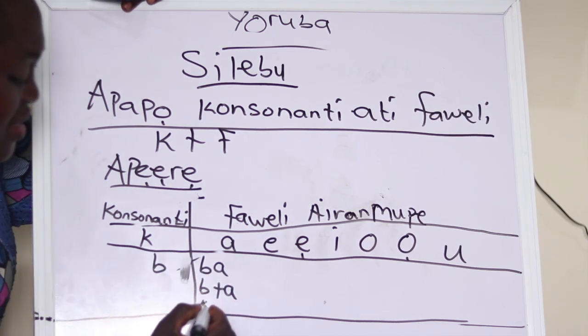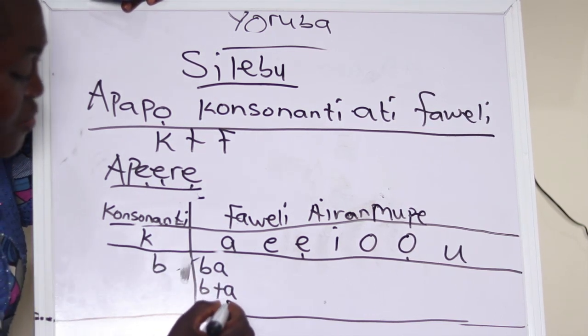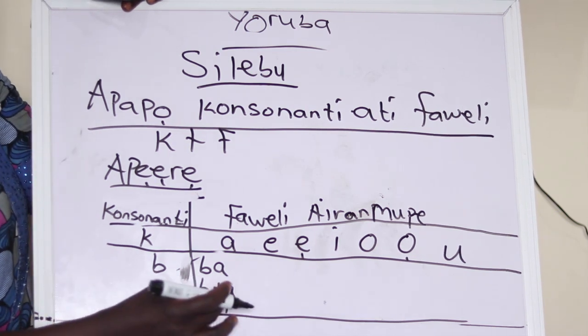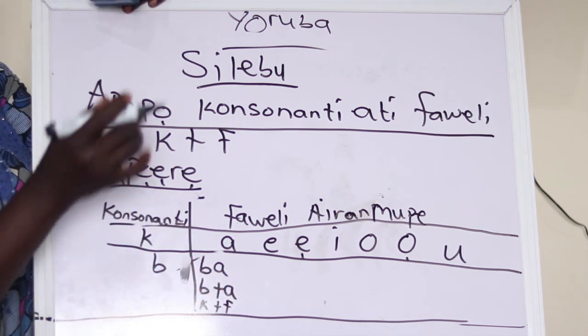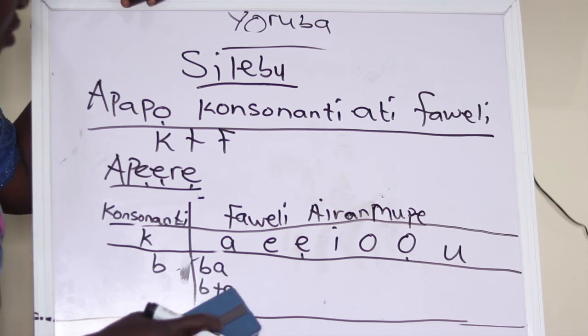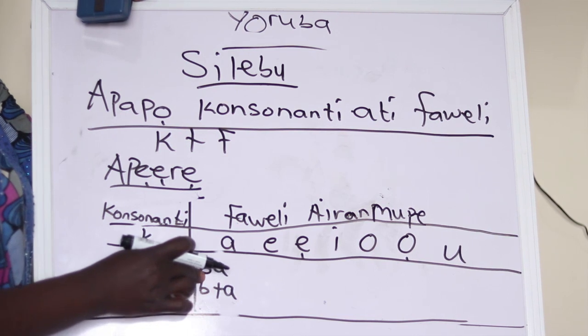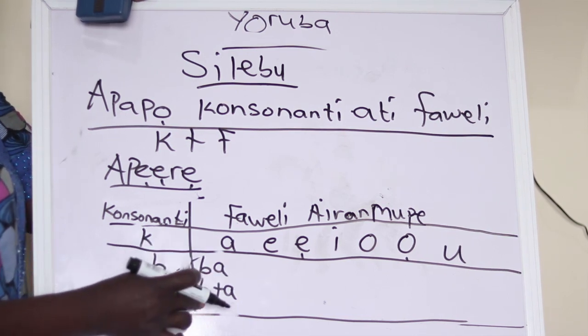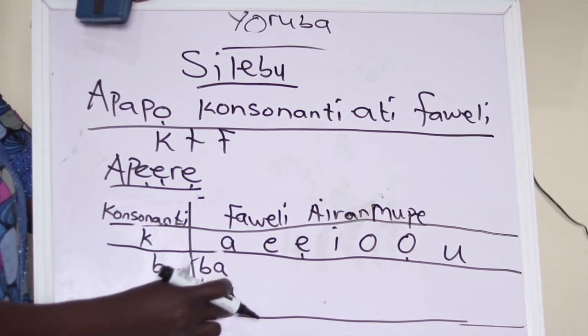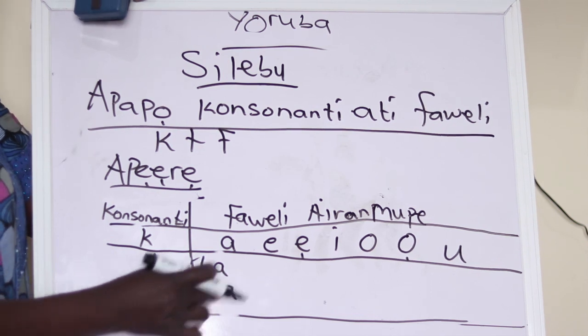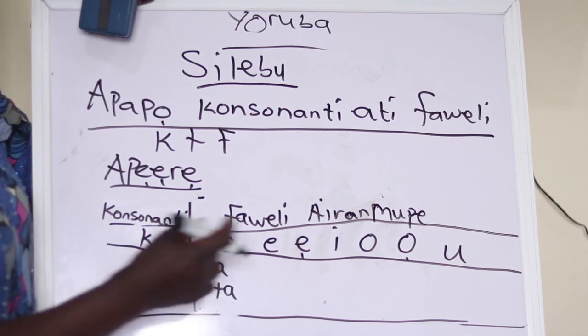Konsonanti plus faweli. But I don't want to put it so that it will not confuse you. Now look at it. You call it together. It will give you ba. B plus A. Ba. Now we want to use it again.